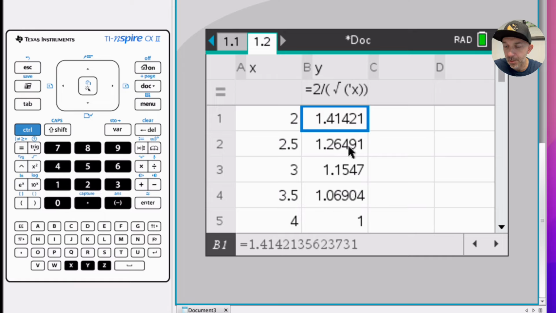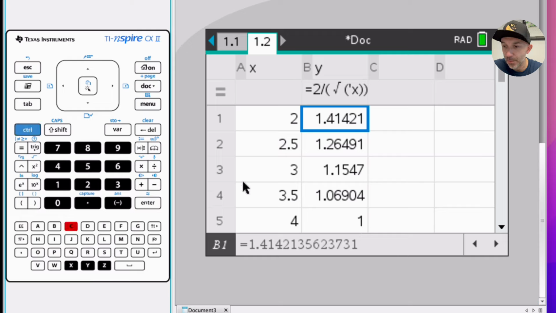So what you need to do now is either copy those values down onto a piece of paper, and then we'll enter them into the formula in just a moment, or you can actually press Control C and it will copy that value.